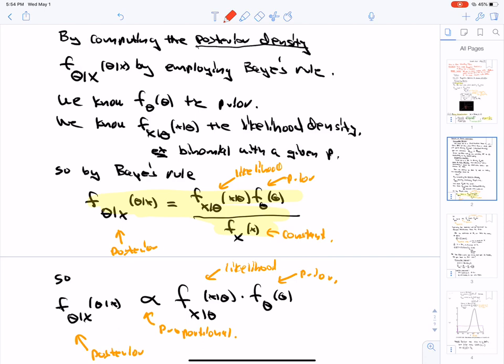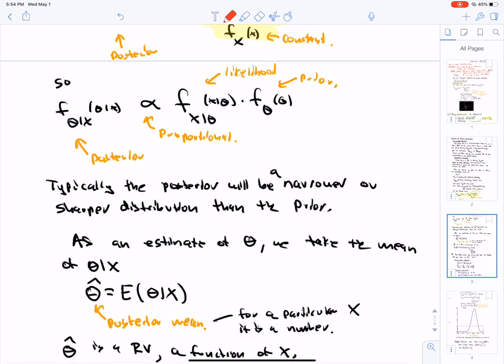So the posterior is the likelihood times the prior over a constant. What we really care about is not the constant, but the variable part. So it's best to say that the posterior is proportional to the likelihood times the prior.